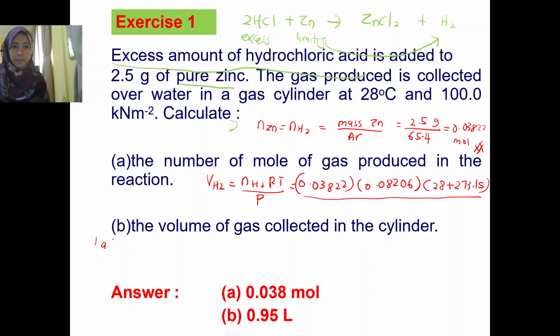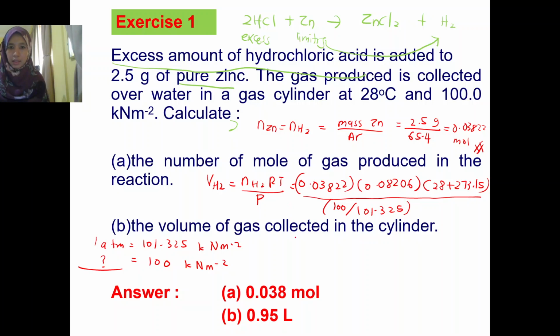So 1 atm equal to 101.325 kilonewton per meter square. So if we have 100 kilonewton per meter square, how many atm? You cross multiply, and you will get the pressure as 100 divided by 101.325. Okay, so press the calculator. So we get the final answer 0.957 liter. Okay, this is simple.